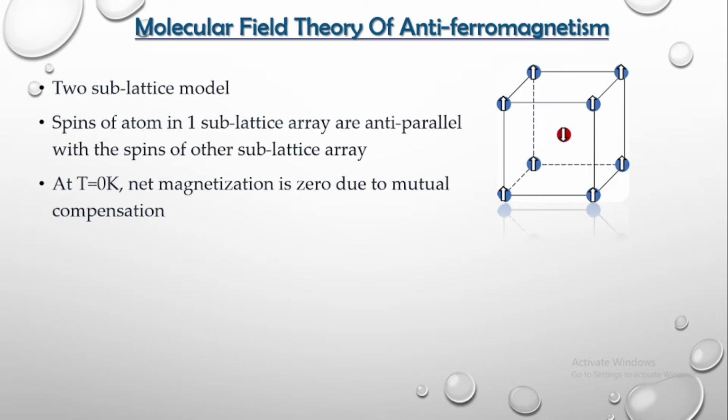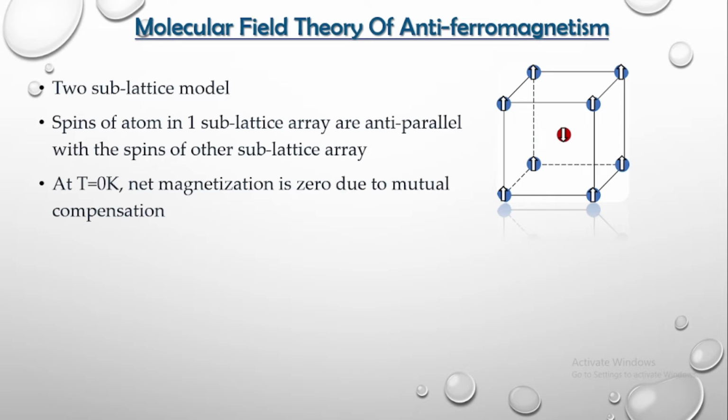The net magnetization is then going to be 0 because of mutual compensation: the net effect from the spin up will be equal to the net effect from the spin down, and as their directions are opposite and they are equal, they cancel out. That is called mutual compensation, which leads to 0 net magnetization. But this is at absolute 0.